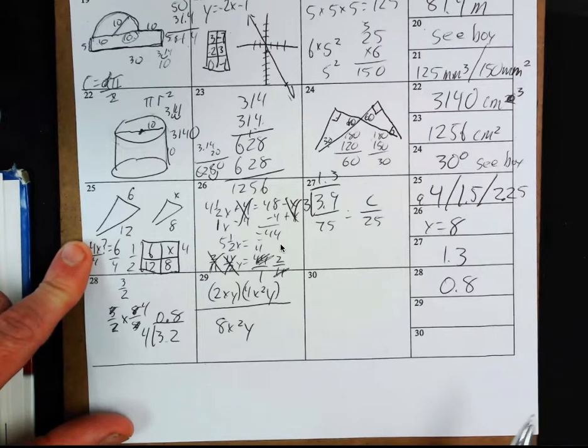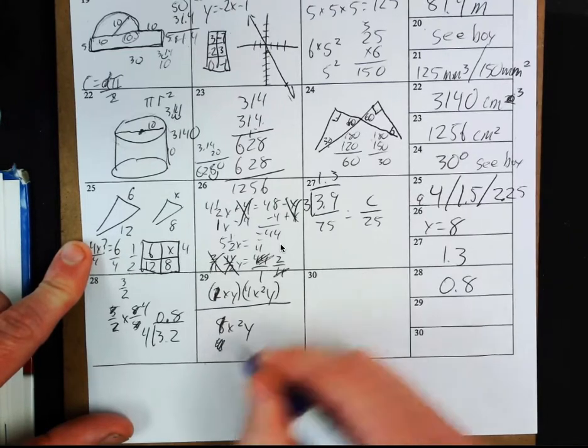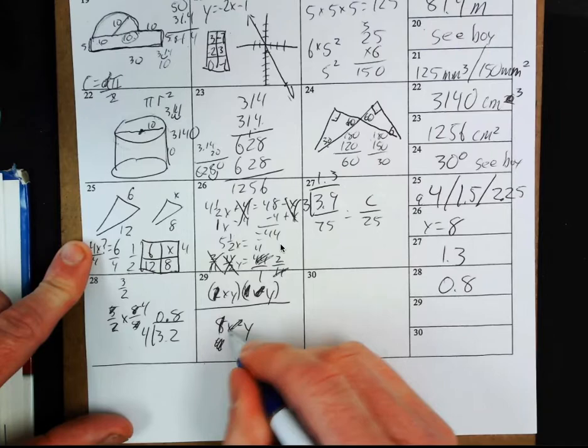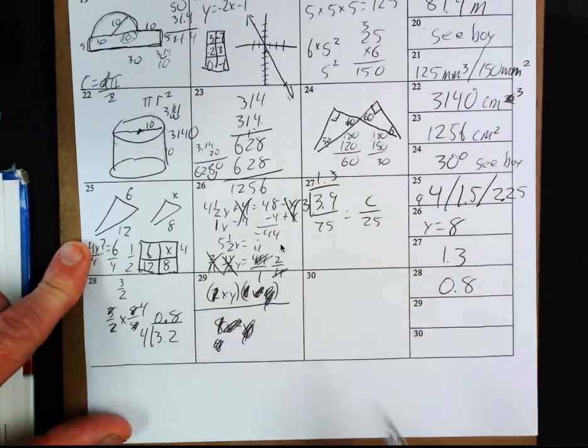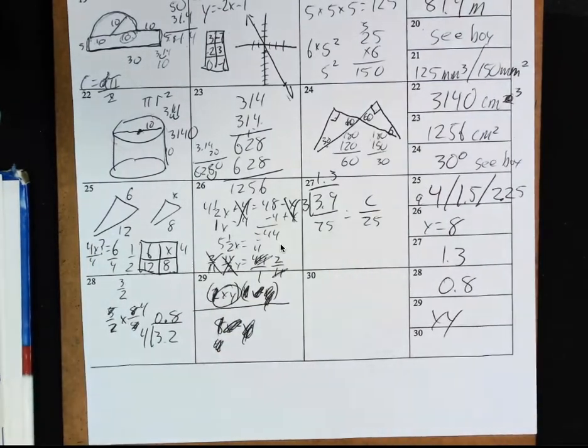I'm going to do the canceling game. 2 goes into 8 4 times, 4 goes into 4 4 times. I got an x squared here, I got an x squared there. I got a y here, I'm going to pick a y there. What am I left with? Xy. So that's just fun stuff, guys. It just cancels things out, makes me feel good.